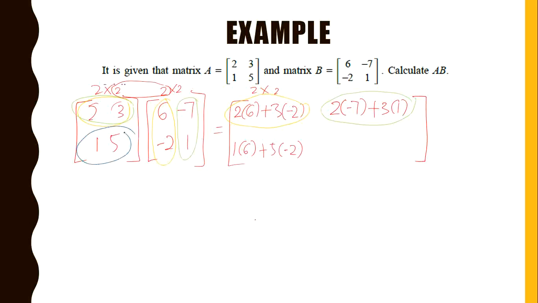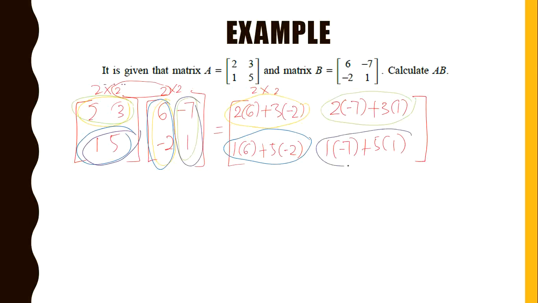Yang ni, darab dengan yang ni, kita letak dekat sini. And the last one will be 1 times negative 7 plus 5 times 1. Yang ni, darab yang ni, kita letak dekat sini.